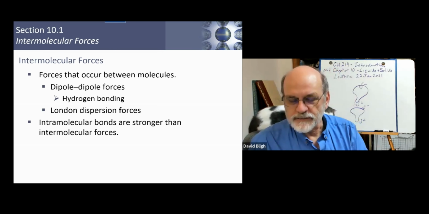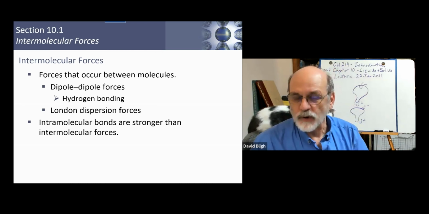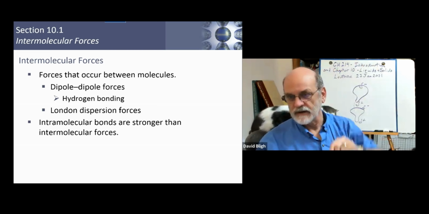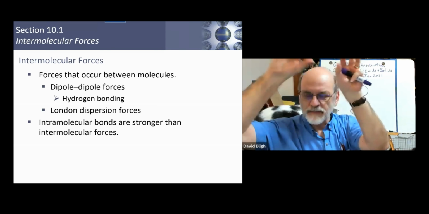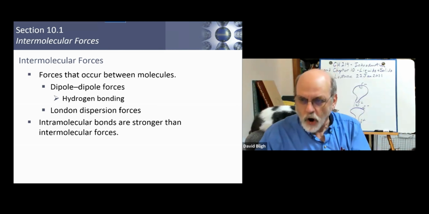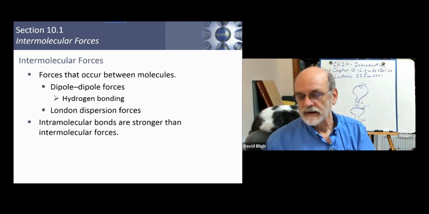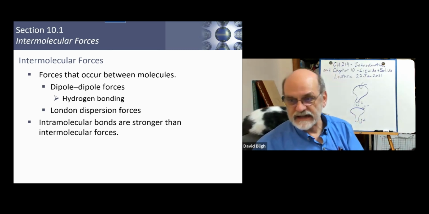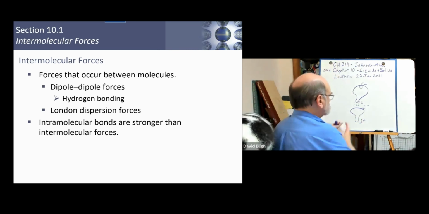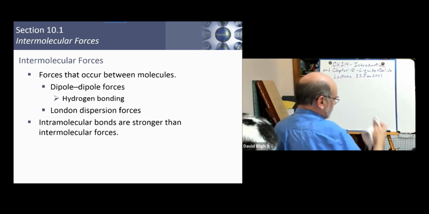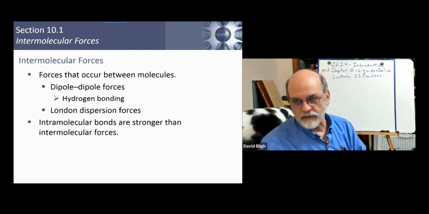Well, there's a special case of dipole-dipole interactions, and these are on a spectrum of strength. You can have very weak dipole interactions, depending on the molecules. You can have very strong dipole-dipole interactions. And the strongest are a special kind called hydrogen bonding. And water is the best example for hydrogen bonding.